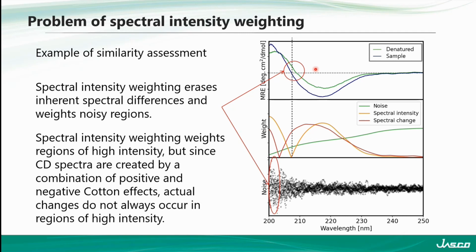So if you know that your spectrum is likely to change as a function of pH change, and you're worried about pH possibly becoming inconsistent as you're doing whatever batch processing you're doing, or if you're trying to develop new formulations, you can use the spectral change weighting function, and it'll more heavily weight the portions of the spectrum that are known to change from denaturization. And so you can more effectively pinpoint when those changes are happening.